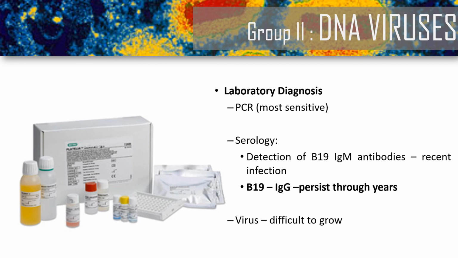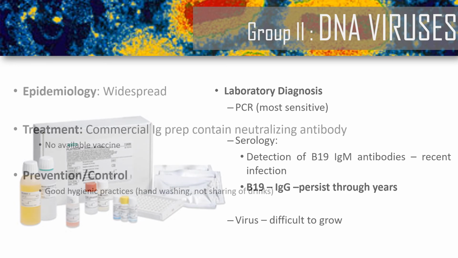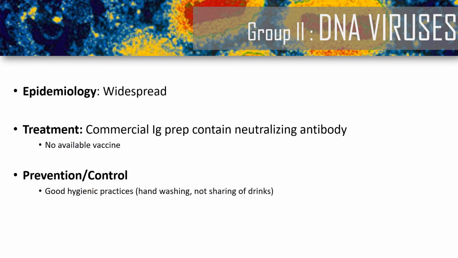Culture is not usually done because the virus is difficult to grow. For epidemiology, widespread, of course. Treatment: commercial IG, immunoglobulin preparation containing neutralizing antibody, and there is no available vaccine yet. For prevention and control, good hygienic practice, hand washing, and not sharing of drinks.